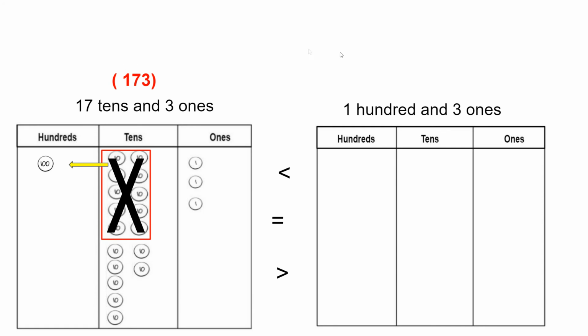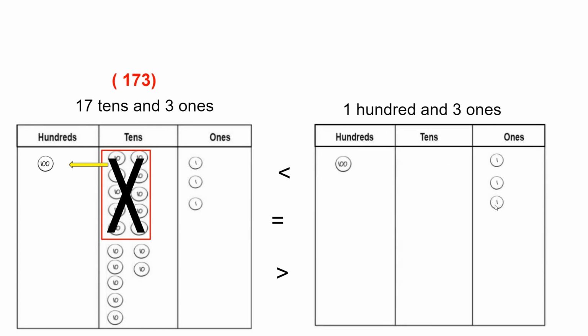Now let's move on to 100 and 3 ones. Let's represent this. Here we go. 100, 3 ones, and that gives us 103. Here's the unit form, and here's the standard form. Now we're ready to compare. Take a look at our hundreds place value spot.